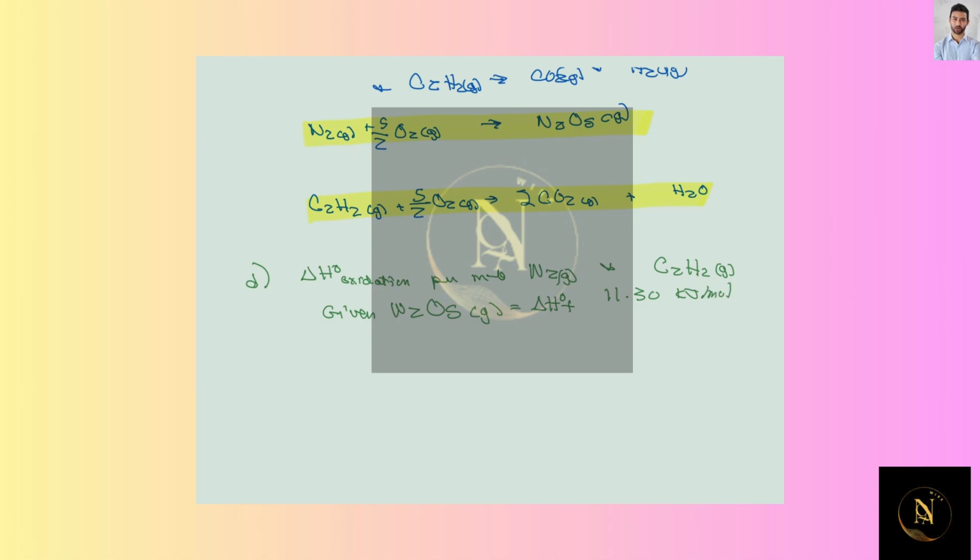This doesn't look too tough. So for N2, we will have 11.30 kilojoules per mole times 1 mole, minus 1 times 0 plus 5 over 2 times 0, which will equal 11.30 kilojoules per mole of N2.